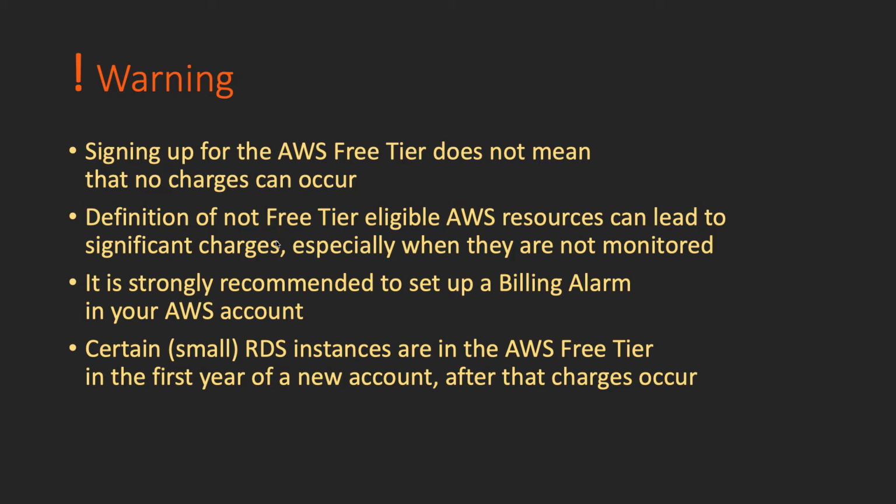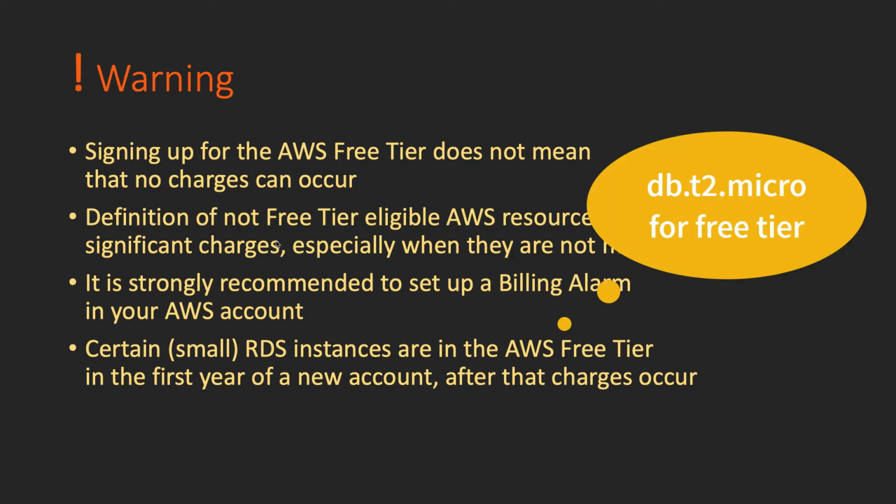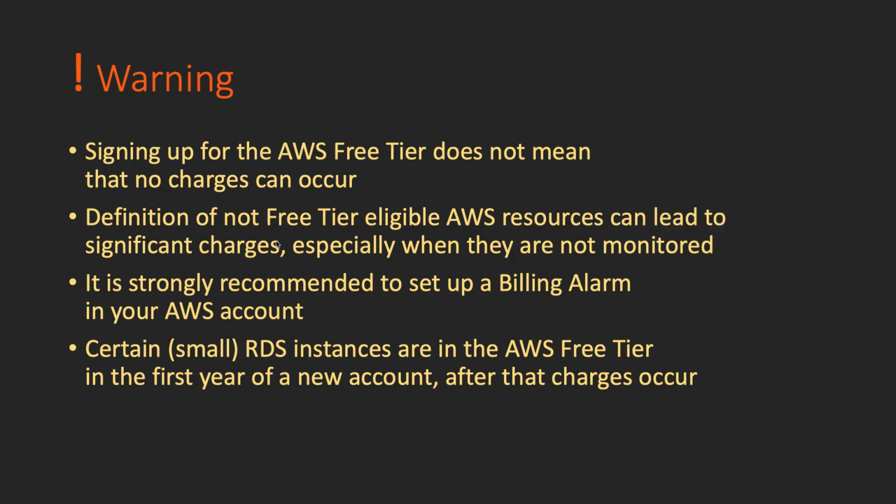So please set up a billing alert in your account that will give you a warning before you have charges. Especially RDS instances can be set up, but to be in the free tier, you need to select a small instance to do that. And ideally, when your free tier year is over, stop the instance regularly.